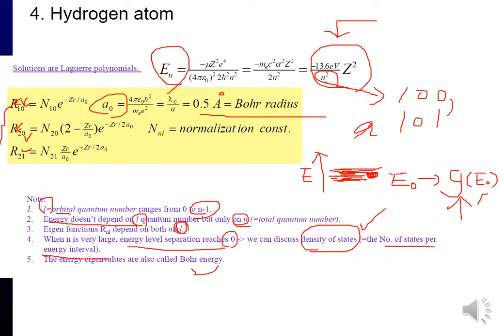Like 100 years ago, it was even more difficult to calculate this. But by his own intuition, he could induce a rather simple structure of the energy, and that's why it is called Bohr radius. Yeah, he got the Nobel Prize in this way.